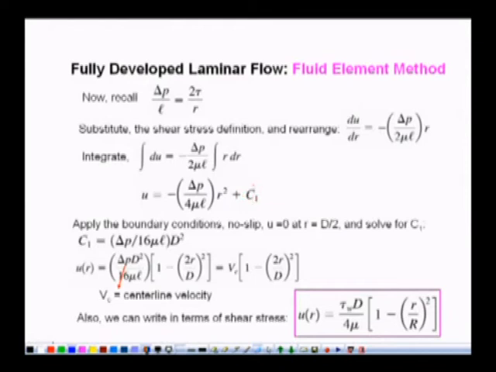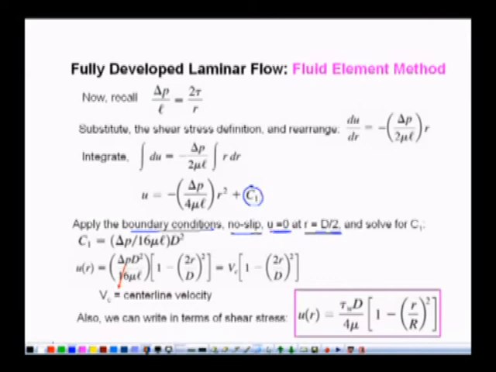So, how do we get this constant? This is done with the help of boundary conditions. What are the boundary conditions? No slip when R is equal to capital D by 2, means at the inner surface of the pipe, the velocity is 0.